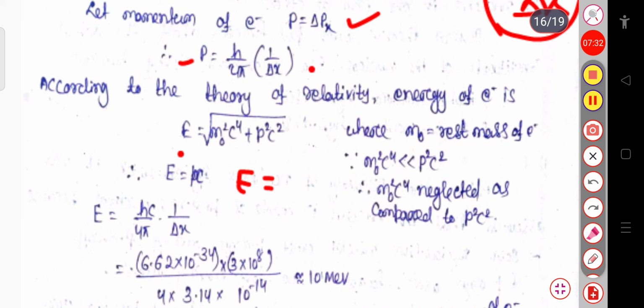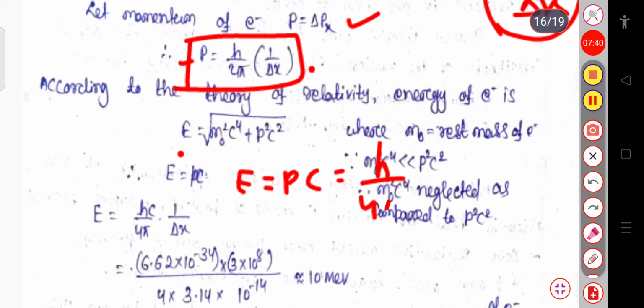So we concluded that E equal to pc. And again, if I put the value of p here, this will be equal to h by 4 pi into 1 by delta x into c, or this is hc by 4 pi into 1 by delta x.